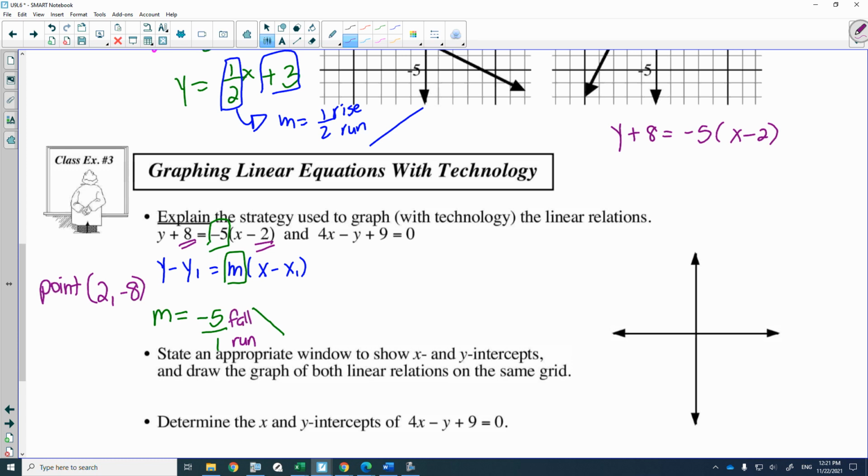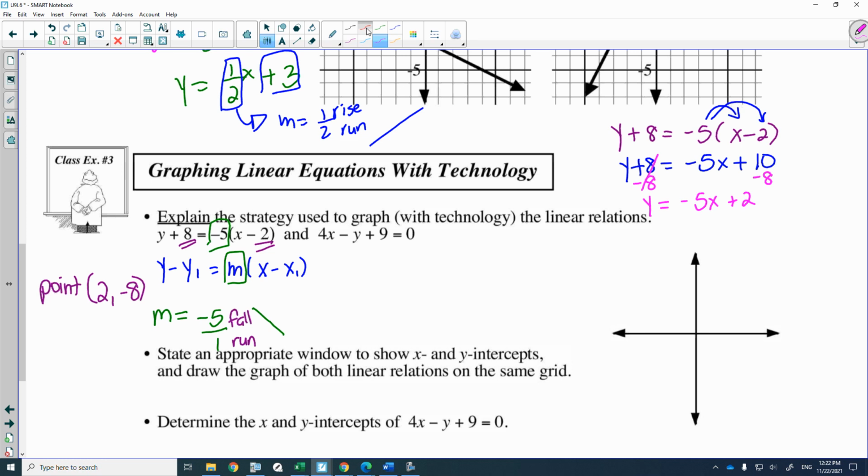If you forget how to get the point from there, just get out of that form then. y plus 8 is equal to negative 5x plus 10. Negative 5 times negative 2 is 10. Isolate y by getting rid of that 8, and you will have y is equal to negative 5x plus 2.